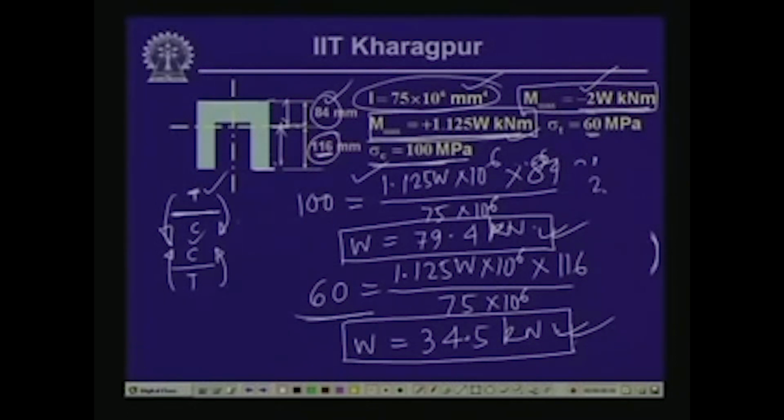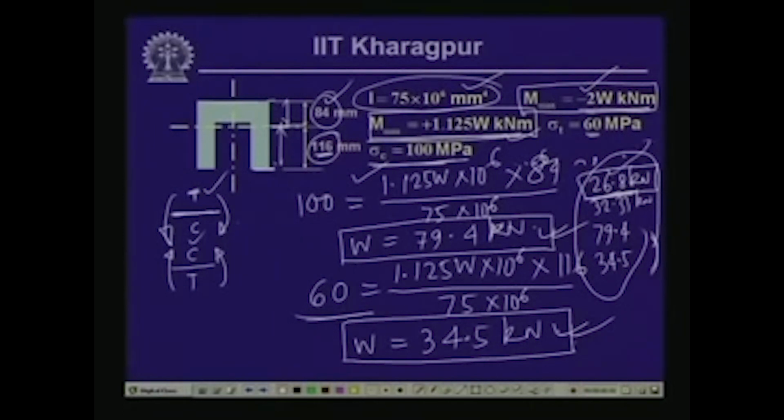One is 26.8 kilonewton and 32.33 kilonewton in the earlier case, corresponding to the maximum negative moment, and corresponding to the positive moment we have 79.4 kilonewton and 34.5 kilonewton. Out of these 4 values, we find that 26.8 is the lowest value, and this is the value which we will have to apply on the beam member, so that all other stresses are within limit.